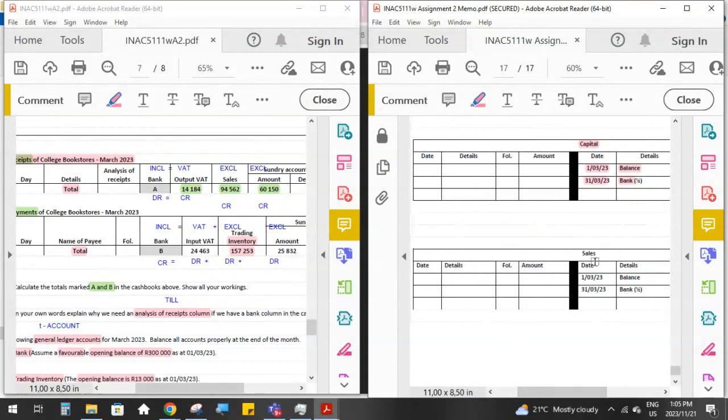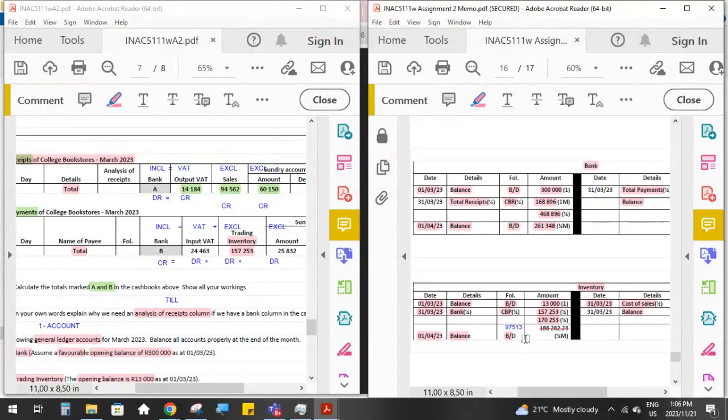And then you'll see on the sales general ledger account as well, sales is income. Sales is only a credit, nothing on the debit side of sales, because sales is an income account. We only ever credit sales. Bank, we sometimes debit when I put money into my bank account, and we sometimes credit when I take money out of my bank account.